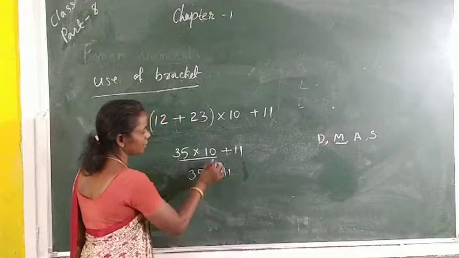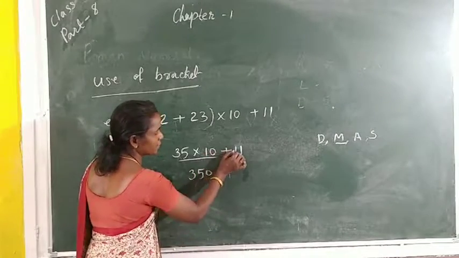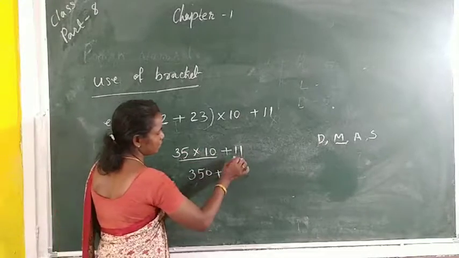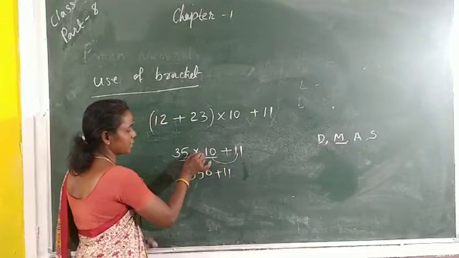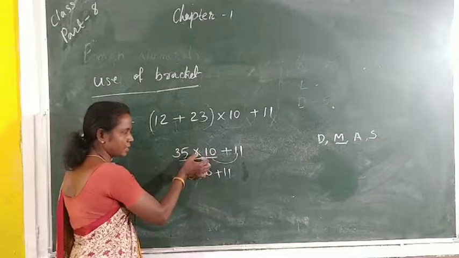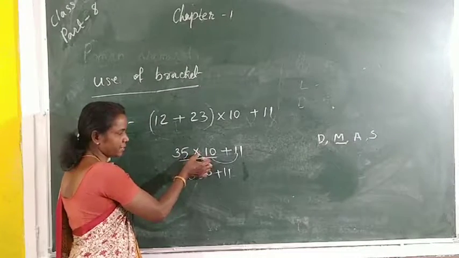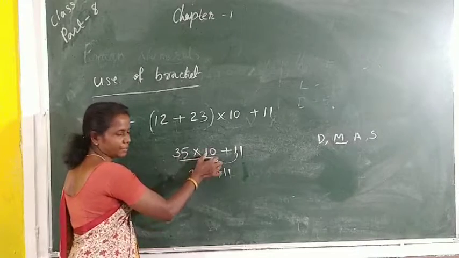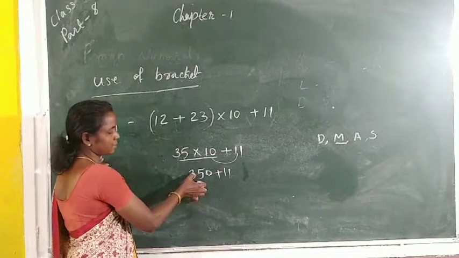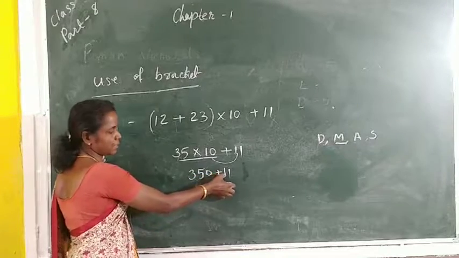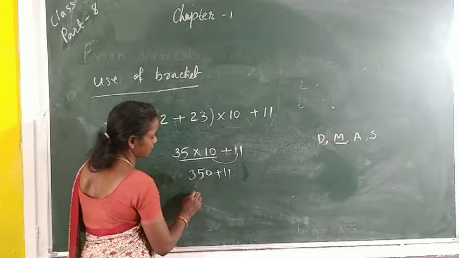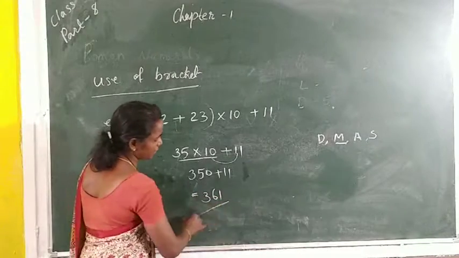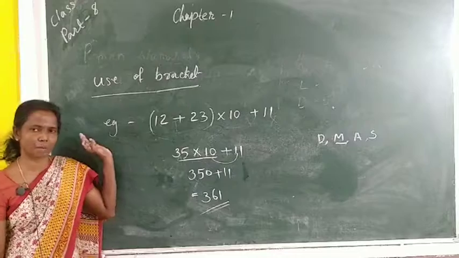Don't do 10 plus 11 first. If the expression contains division, we do division first; here division is not there, so we multiply the numbers. Then after that addition: 350 plus 11 is equal to 361. Do you understand how to use brackets?